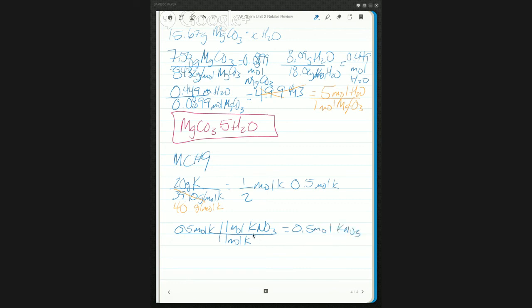So if we have 0.5 moles, we can determine the mass. Remember, we said we had a 100-gram sample, because we were dealing with percentages.